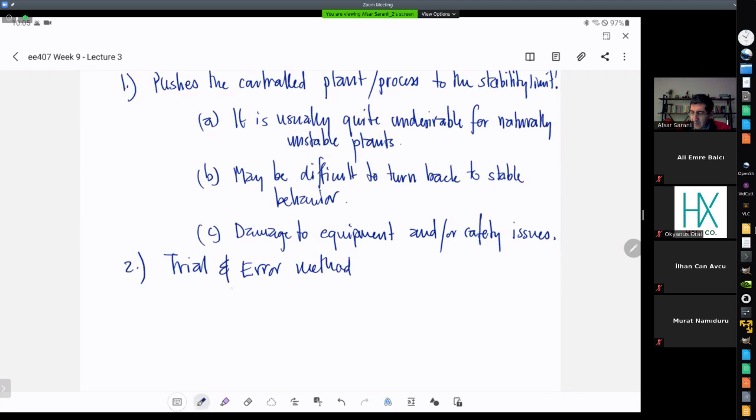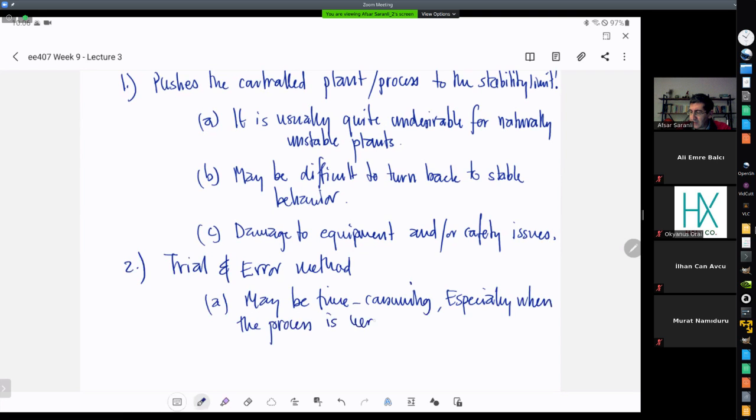Okay, especially with very slow plants, this may be very time consuming. You may not even observe that the system is unstable, for example, so that you take an action. Or even if the system is not stable, the oscillations may be so slow that you may spend quite a bit of time. Okay, so this may be time consuming, especially when the process is very sluggish.